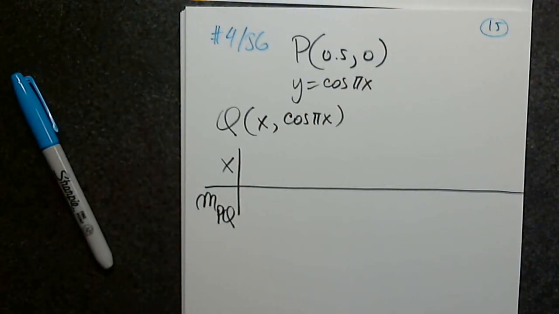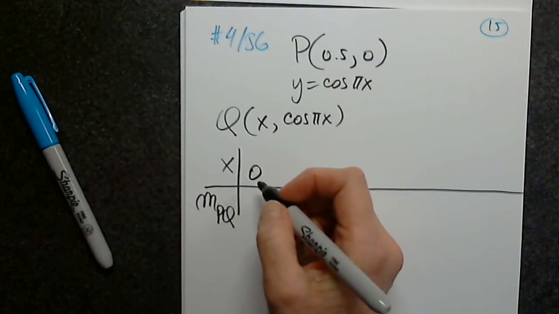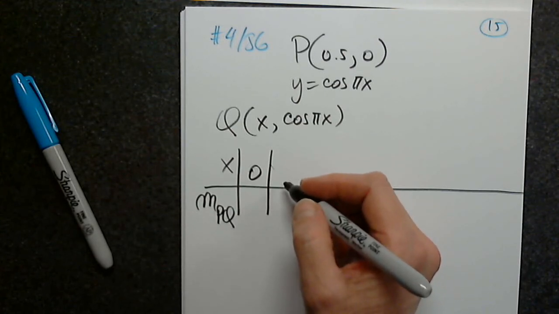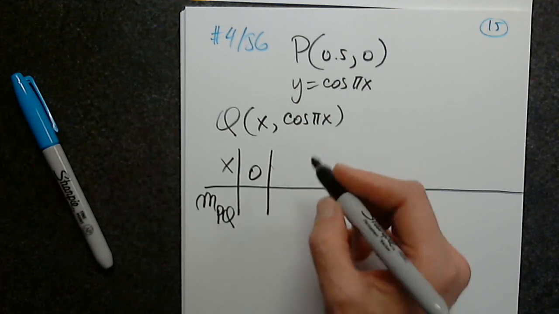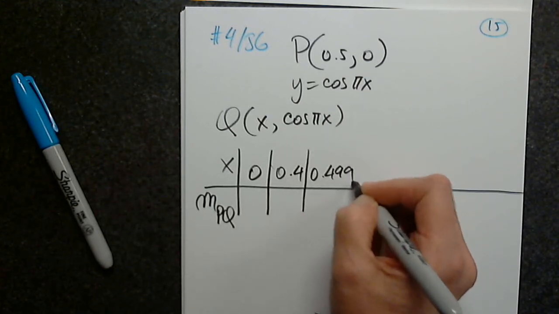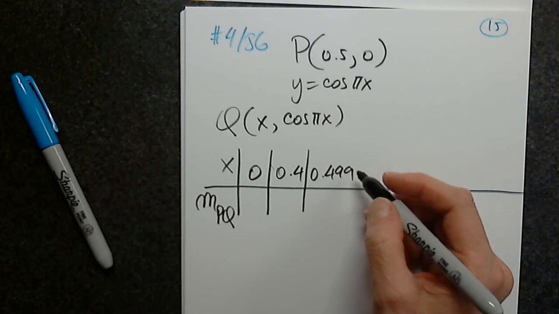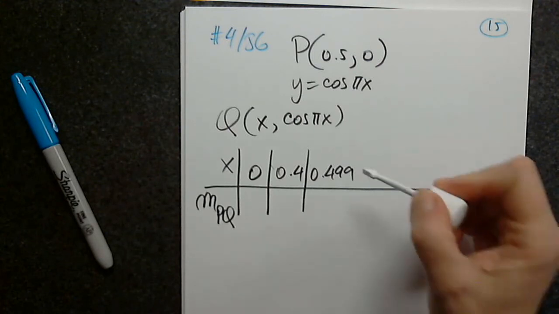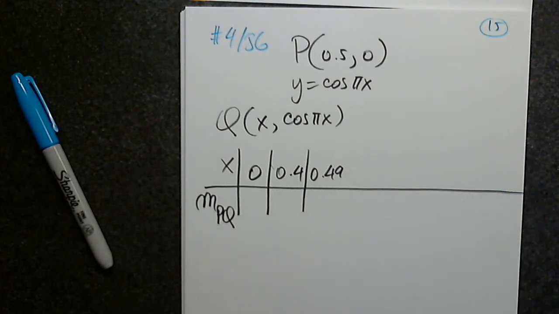So then I have 0. Let's see how I run out of room this time. 0, 0.4, 0.499. I jumped, of course. So this is 0.4 and then 0.49. It's not that important, but I want to put them in the correct order.